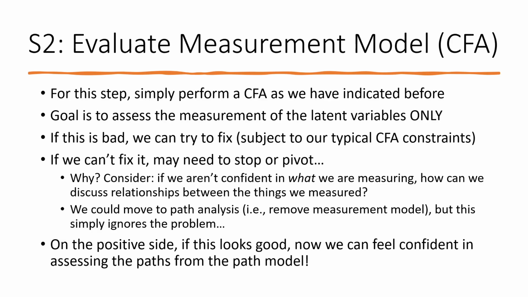Then we add on the paths and we can see, are these paths fitting well with what's being described by the data? If so, we'll still have good model fit after we specify those paths. And if when we add in the paths, all the fit statistics turn out really poorly, then we can feel confident that the only thing that changed was the paths. We already did the measurement stuff when we weren't worrying about the paths. That looked good. So if we add the paths in, it must be the paths that are the problem.